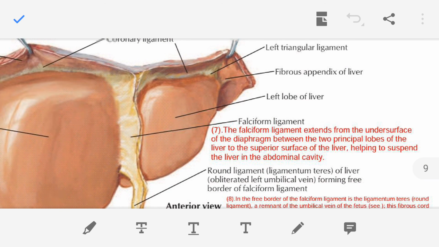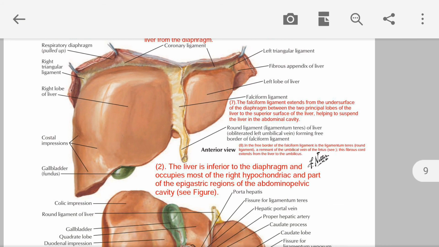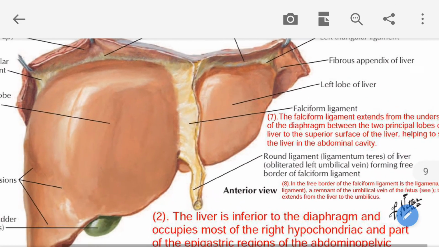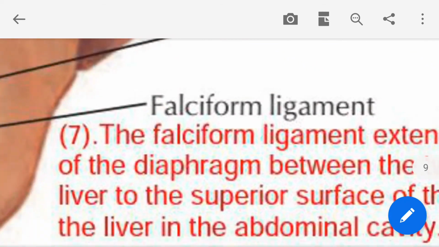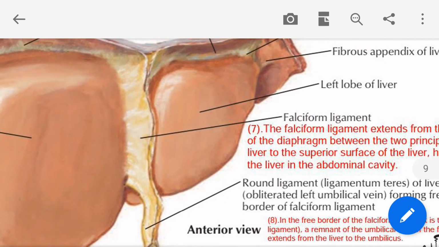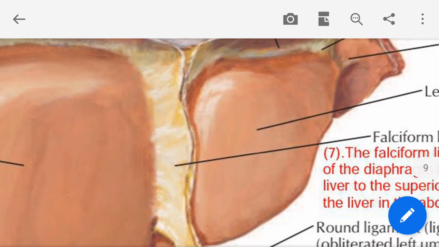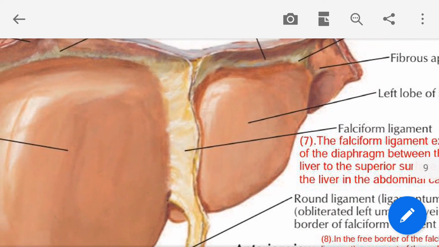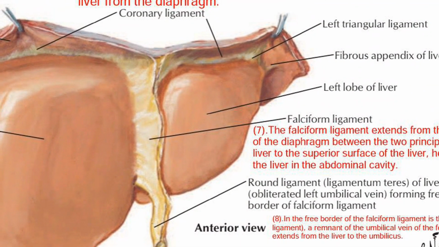First, I am showing you the falciform ligament. The falciform ligament name is written, and this yellow color flap-like structure between the two lobes, right and left lobe. Between the two lobes, the falciform ligament is present.